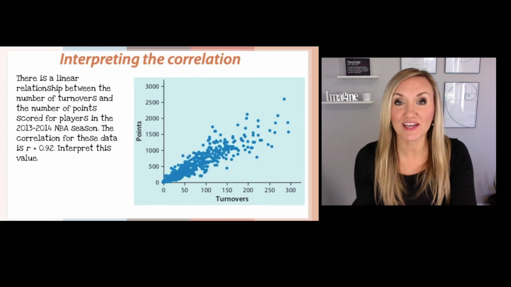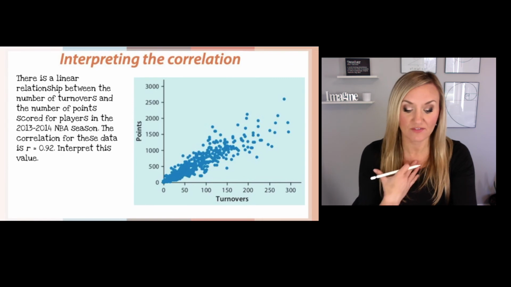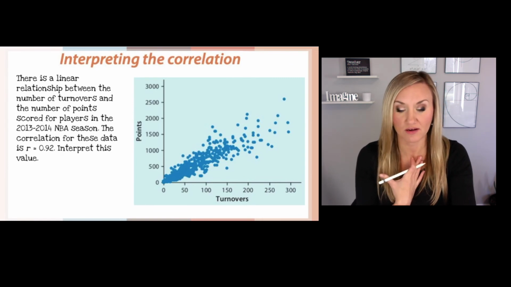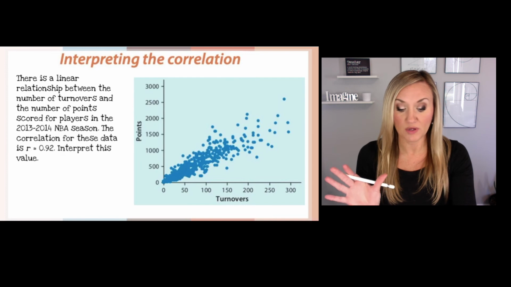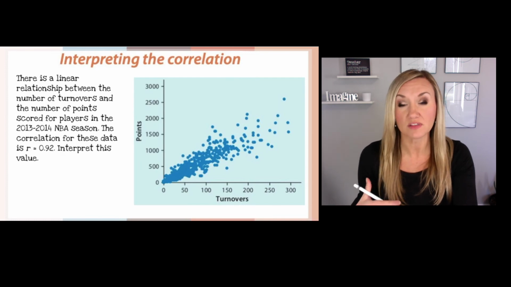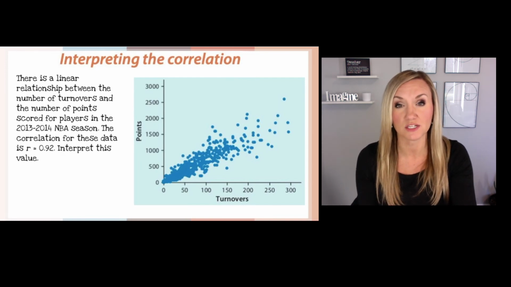Okay, so you would answer this question. You would say, if I was going to interpret the correlation, I would say that the correlation of 0.92 between turnovers and points of the NBA season of 2013-2014 is strong and it is positive.